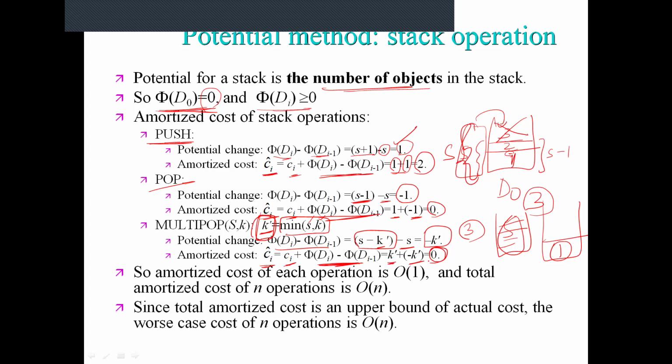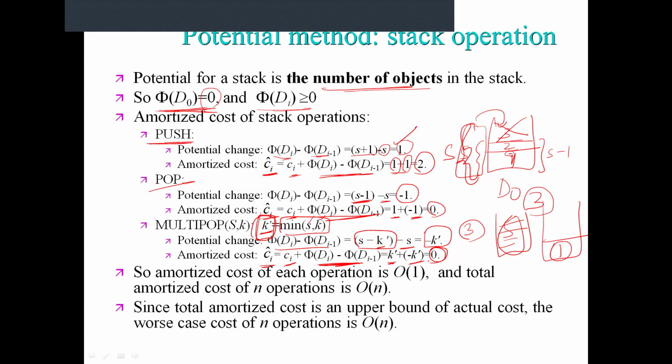So you can see, the amortized cost of each operation, in this case, is charging 2 extra for push, but for pop and multi-pop, even though the cost is 1, we take the potential energy from the push operation and do not charge anything for the pop or multi-pop.